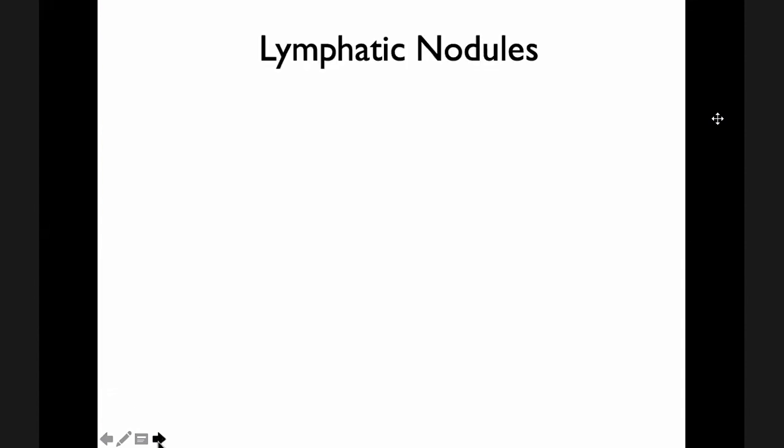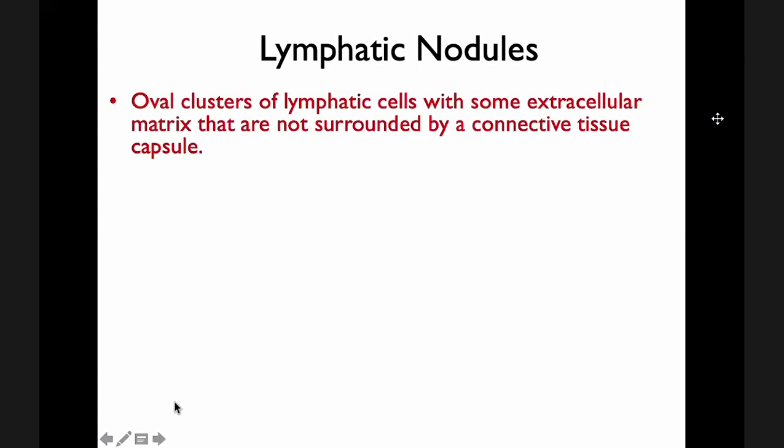Okay, so the other organs that we actually call tertiary lymphoid organs are called lymphatic nodules. They are oval shaped structures, basically a collection of lymphocytes surrounded by some extracellular matrix.